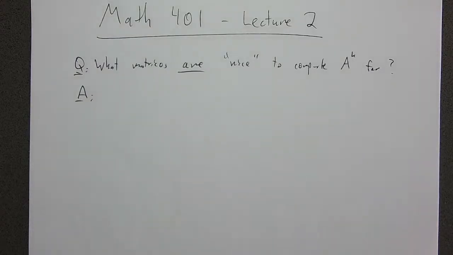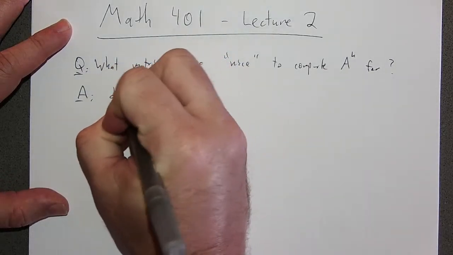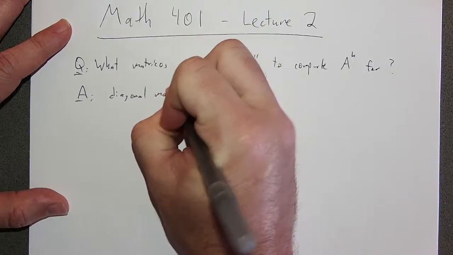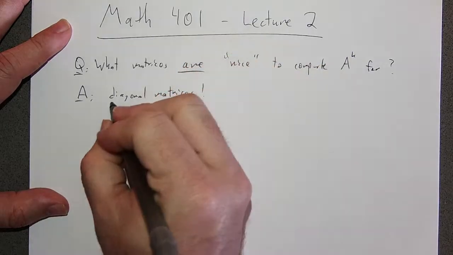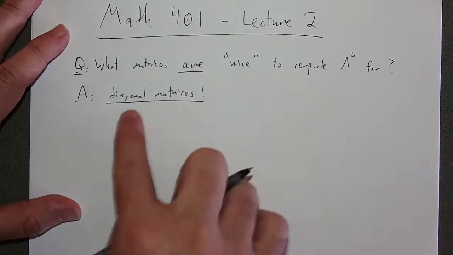That is a subcase of the main thing we're going to talk about, though, which is diagonal matrices. So diagonal matrices are, of course, very, very nice in this way. And so what is a diagonal matrix?